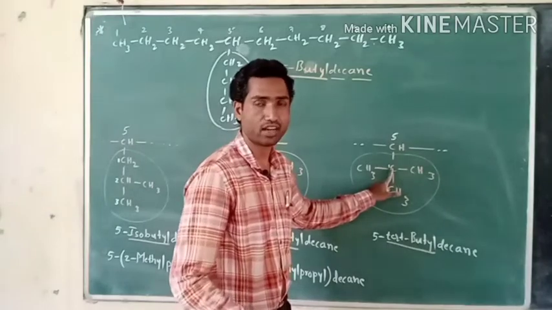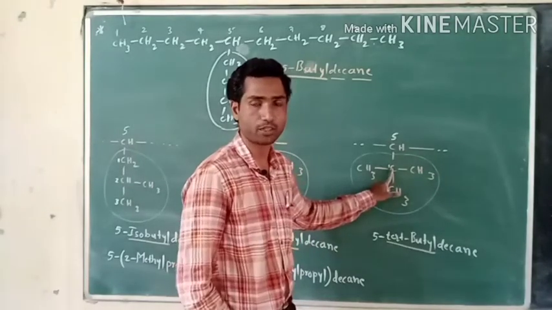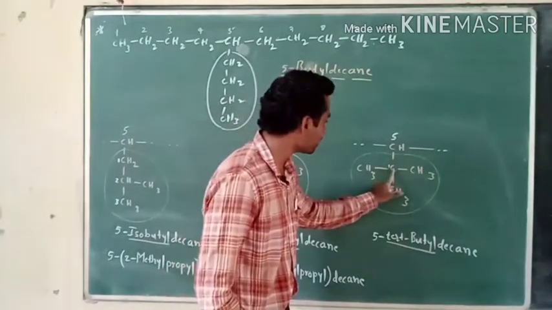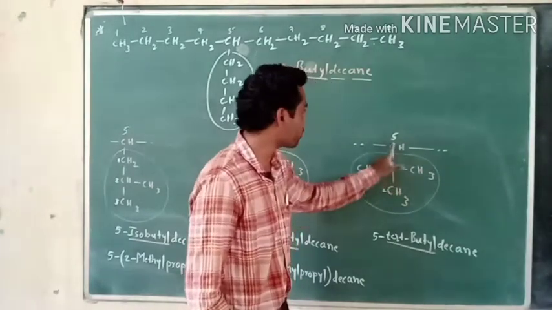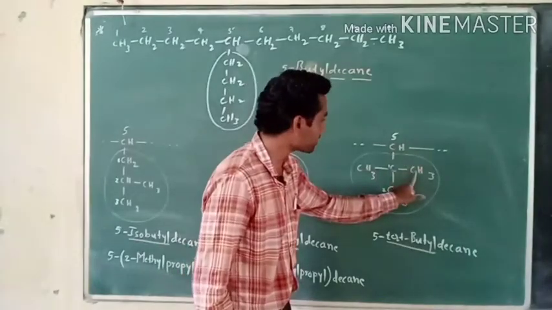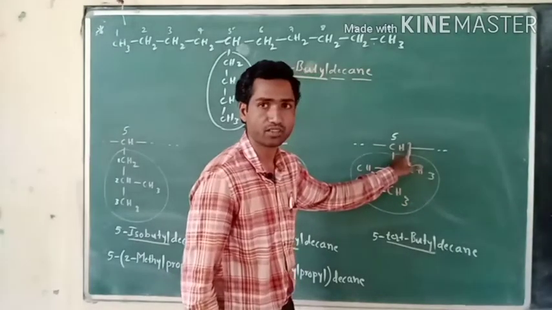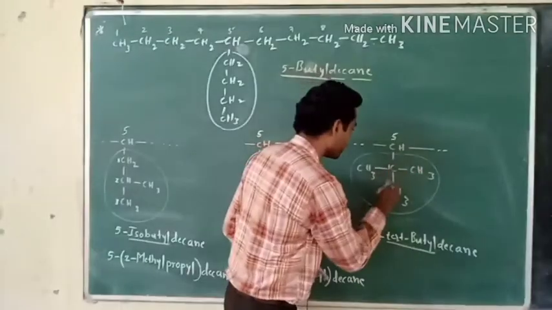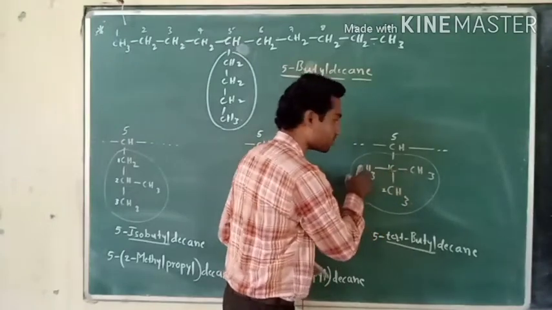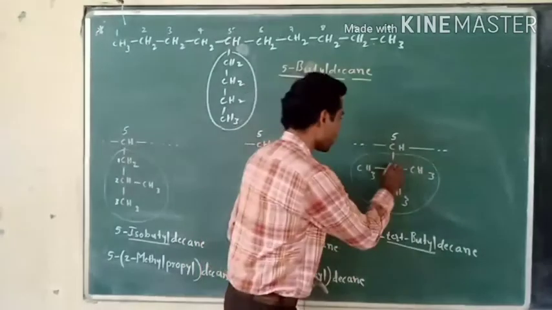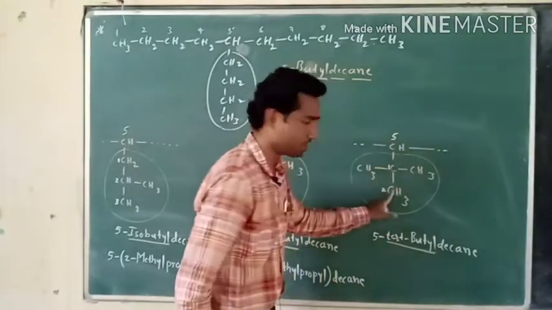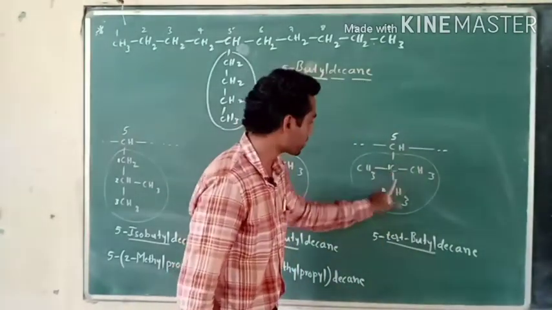So you have to start identifying the longest carbon chain from the carbon that is attached to the main chain. If you start here, this carbon is not attached to the main carbon chain. Therefore 1, 2, either you can choose this one or this one, all are identical. So 1, 2 is the longest carbon chain.